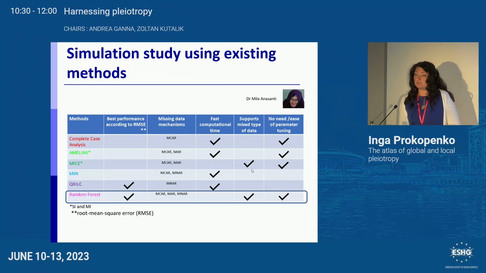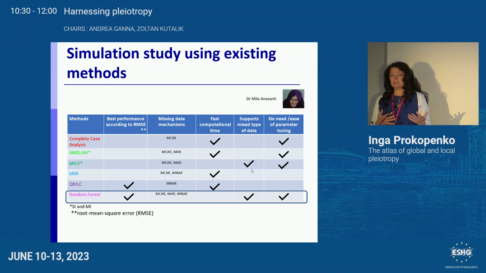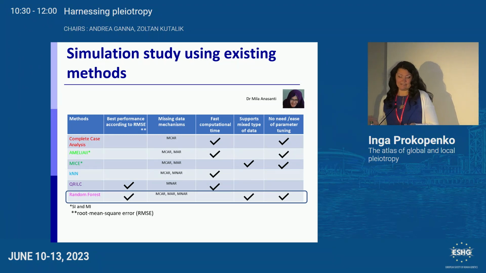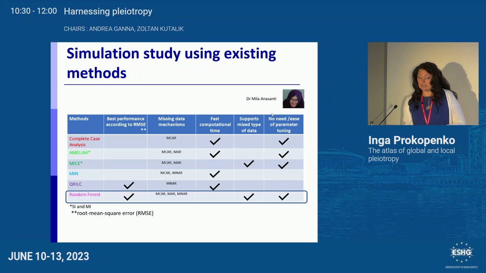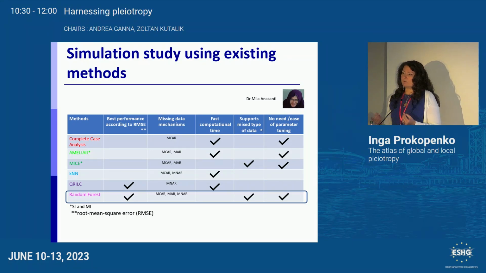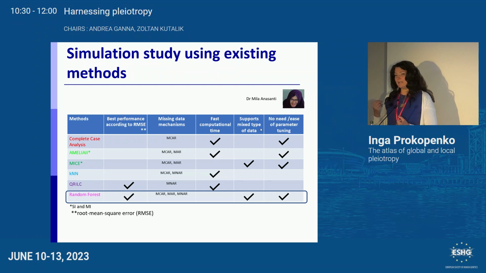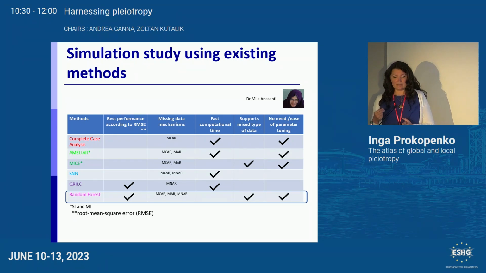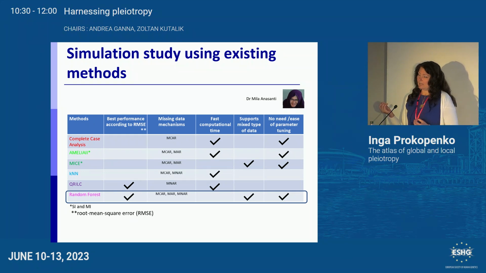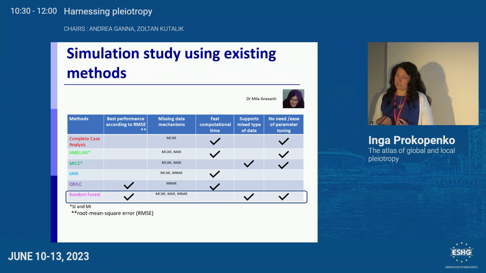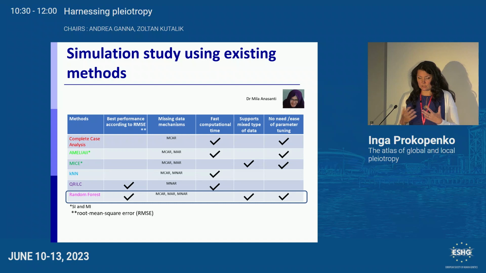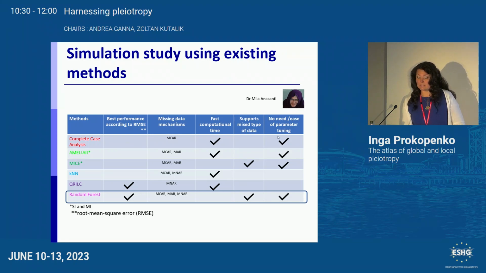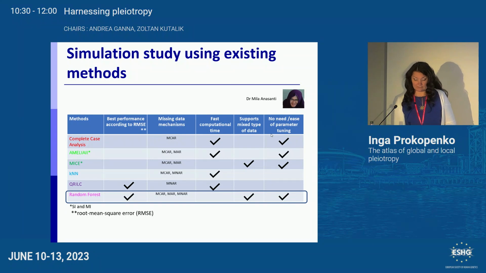And we need to think about the availability of data, which can be binary, ordinal, or quantitative, right? And the need for a statistician or analyst to do parameter tuning. When we need to do that, it is another potentially subjective step in the analysis. So when there is no need for parameter tuning, it's better.